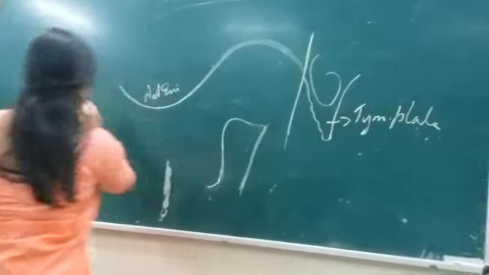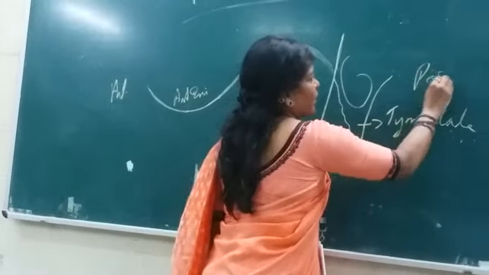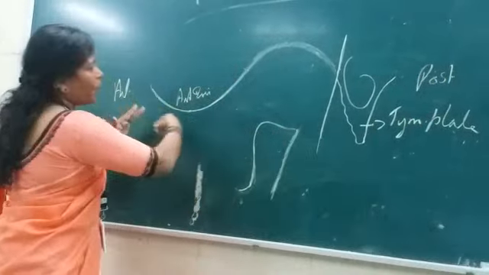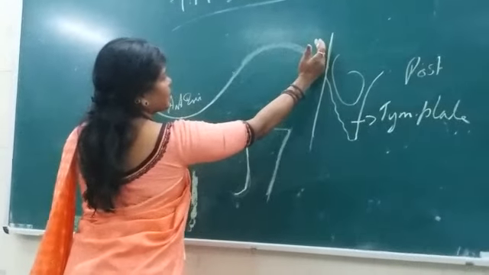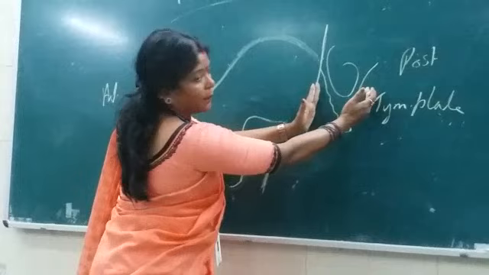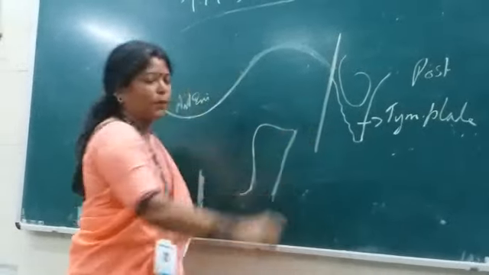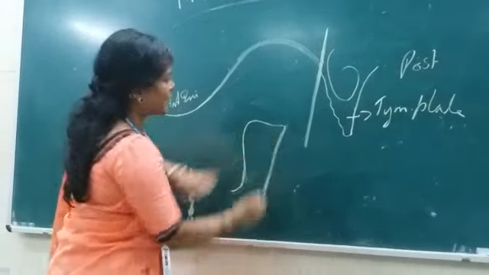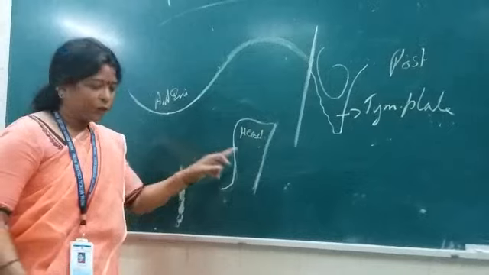This is the anterior aspect and this is the posterior aspect. So this is the squamous part of the temporal bone, and here is the tympanic part. And this fissure is known as the squamotympanic fissure. And this is the head of the mandible.